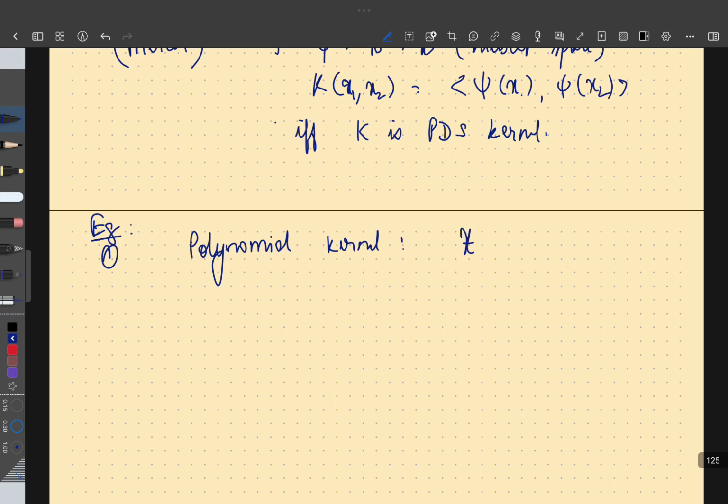So here we are assuming that x is in R^d, and k of x1, x2 is some constant plus the inner product between x1 and x2, the whole to the power k, for some positive integer k.